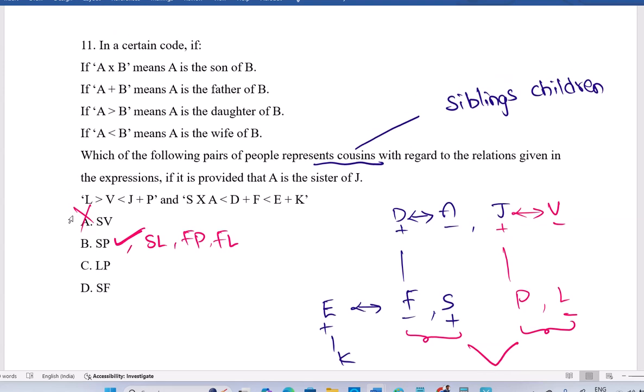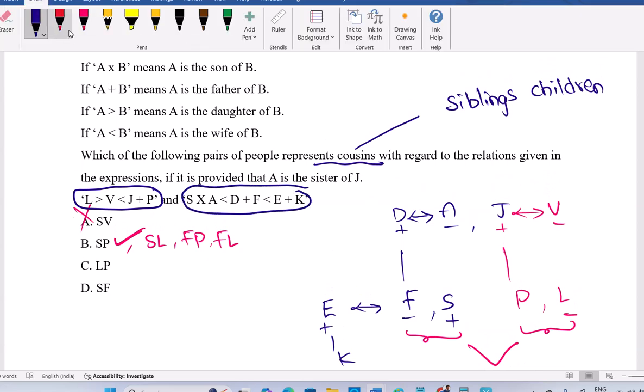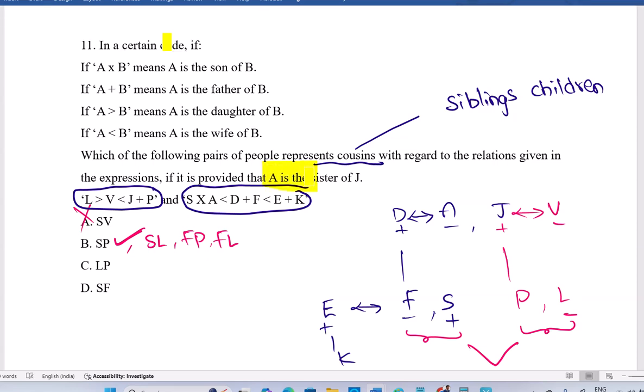11th question, blood relations. We need to draw a diagram for this. In the question they given A is the sister of J, I am using that first itself. Siblings' children are cousins. These people are cousins to these. See, your aunt's son, your aunt's daughter, your uncle's son, your uncle's daughter, they are called cousins.